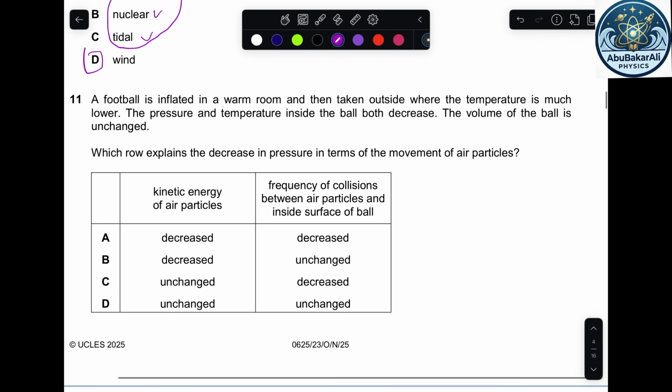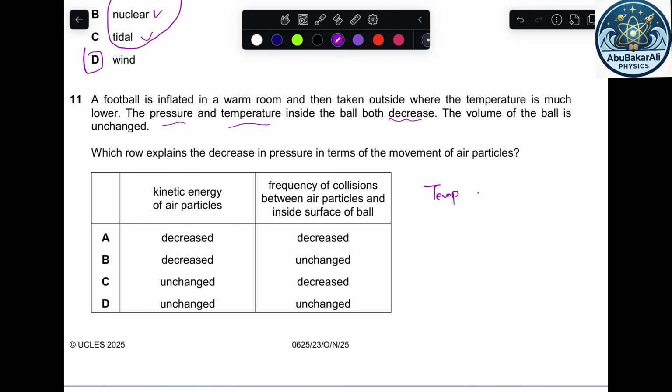Question 11. A football is inflated in a warm room and then taken outside where the temperature is much lower. The pressure and the temperature inside the ball both decrease. The volume of the ball is unchanged. Which explains the decrease in pressure in terms of the movement of the air particles? Okay, temperature decreases, and temperature is directly proportional to the kinetic energy of the particles.